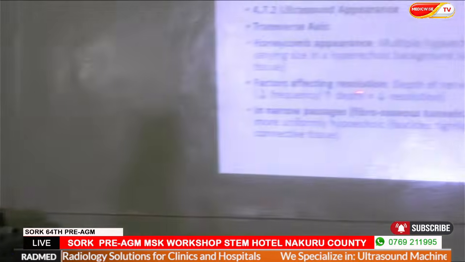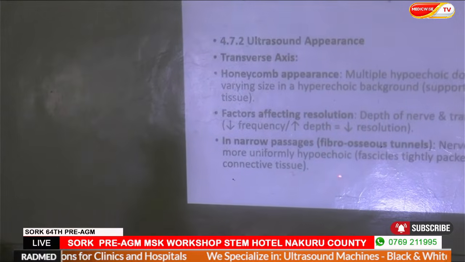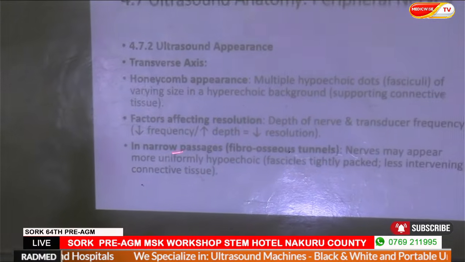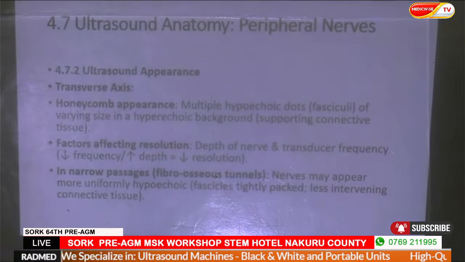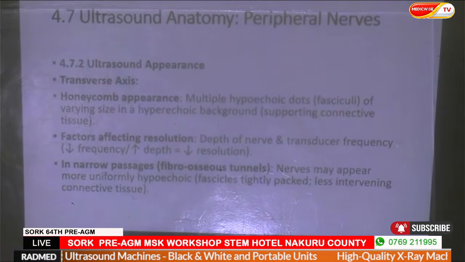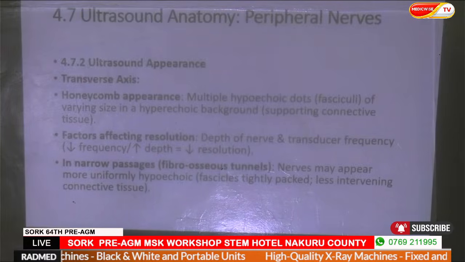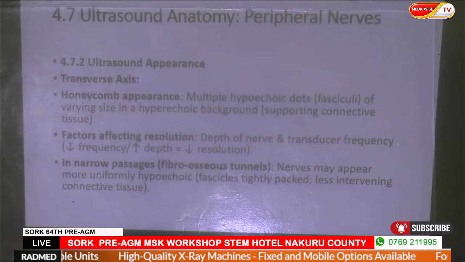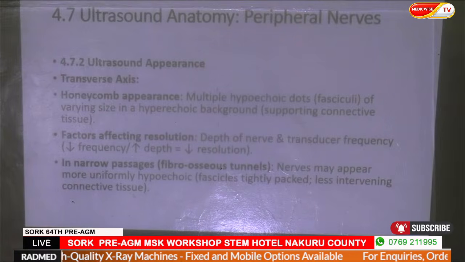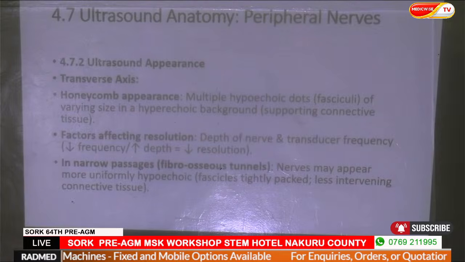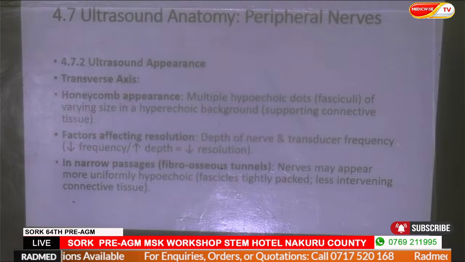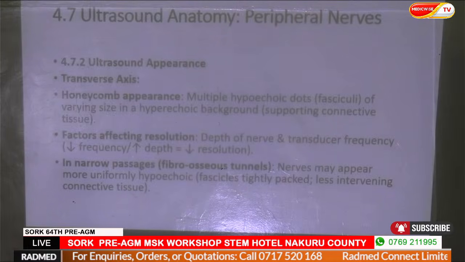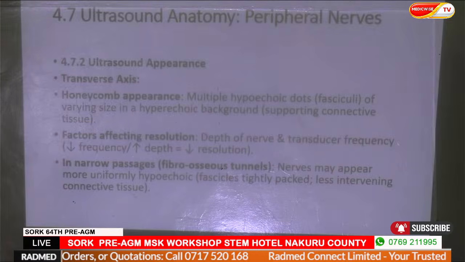So, factors affecting resolution. When I talk about resolution, in ultrasound we have generally 3 types of resolution. We have axial, which is totally dependent on the probe frequency. Then we have lateral, which we have control over by adjusting the focus, and the temporal, which you also have control over by increasing the frame rate.